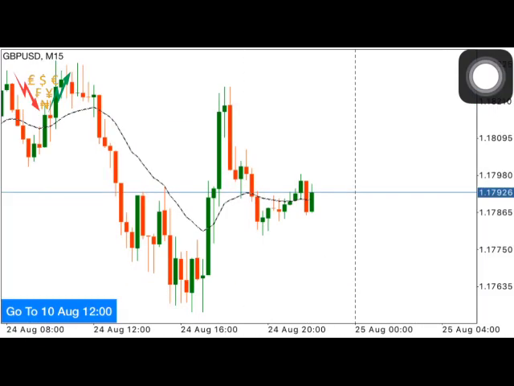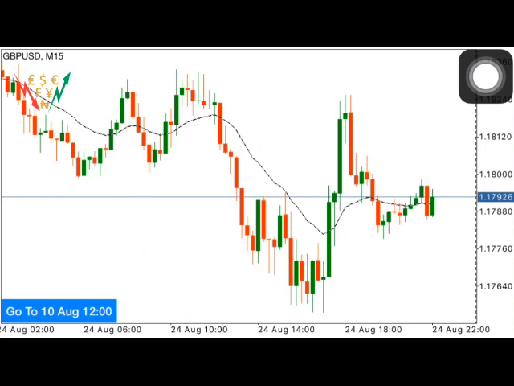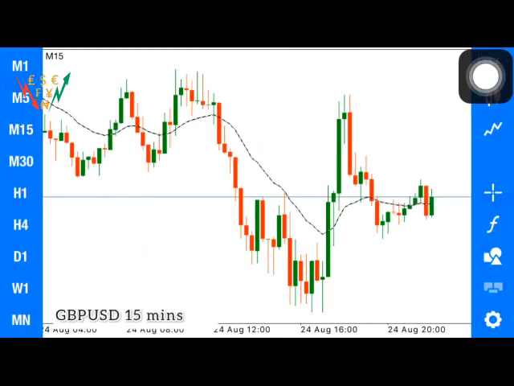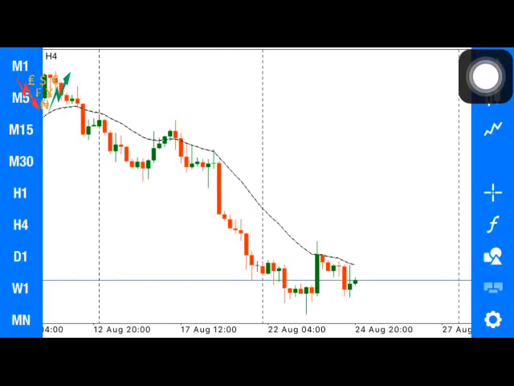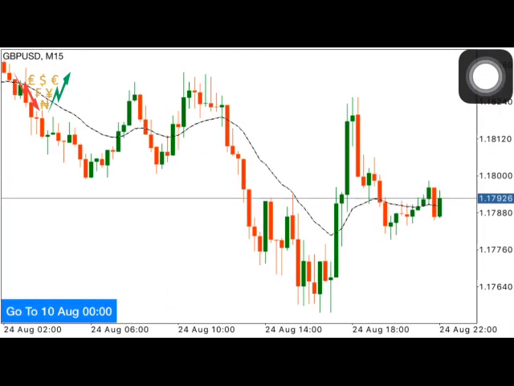We'll be basing our intraday trading perspective on the 15 minutes chart. Depending on the fundamental analysis that comes in for next month, that may affect our bias for the market, and we'll see how the market reacts before we take advantage of the price. But for now, for the intraday perspective, it could be bearish, it could be bullish.